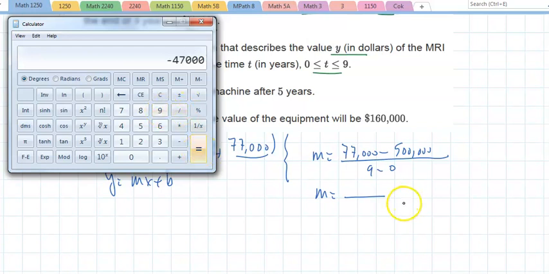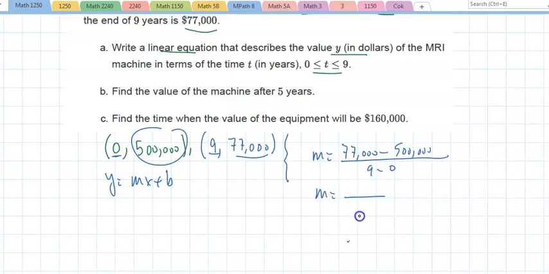Negative $47,000. So this machine is going to lose $47,000 every 1 year. That's what that means. It's over 1, right? The number of years. Every 1 year, it's going to lose $47,000.